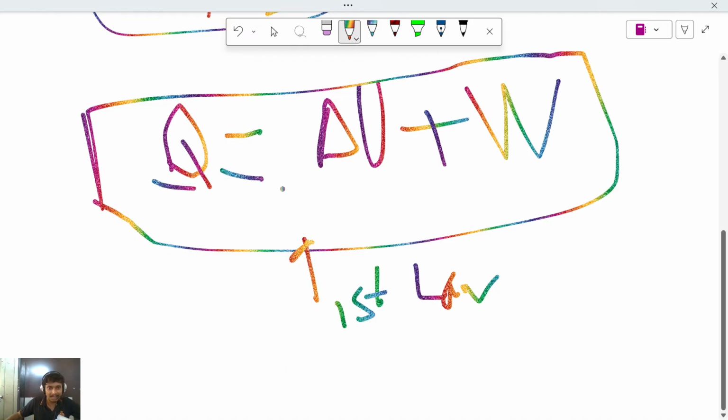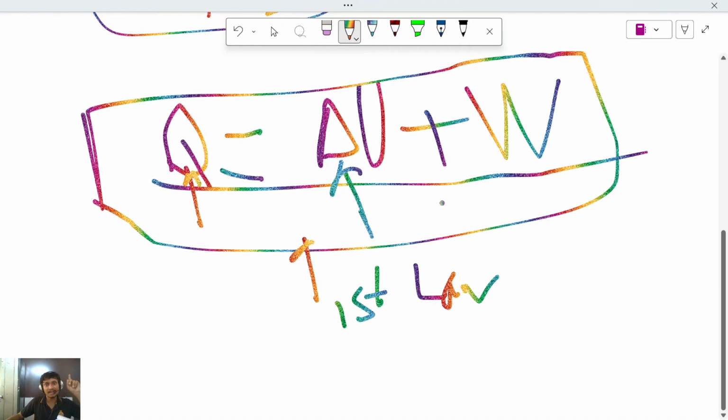How to memorize this? Simply consider the alphabetic order of the English letters: A, B, C, D, E, F, G, H, I, J, K, L, M, N, O, P, Q. This is Q. R, S, T, U. This is U. V, W. This is in alphabetic order, so you can memorize it quickly.